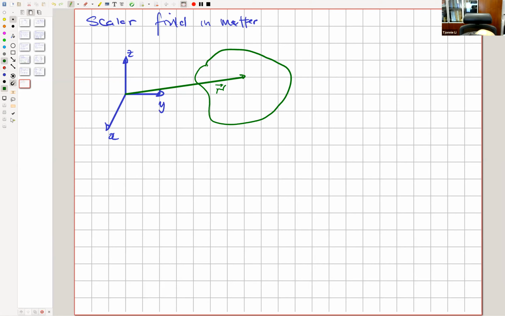Then of course I have the location where I am evaluating my potential. And now I'm going to add one little thing here, because I want to consider individual units.